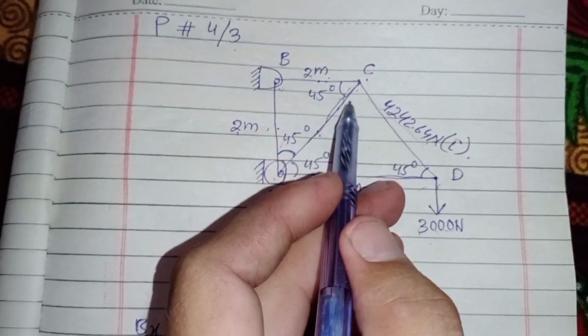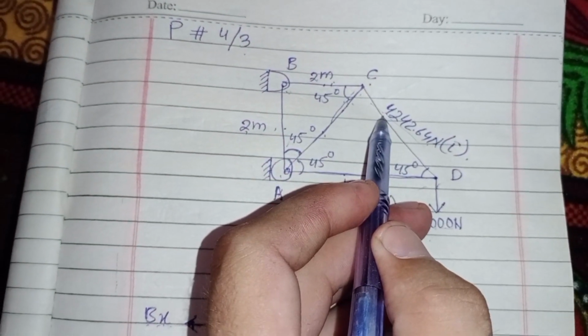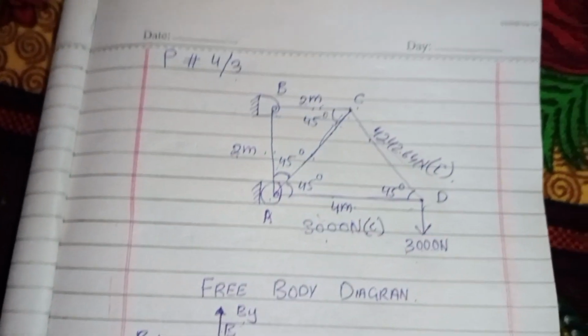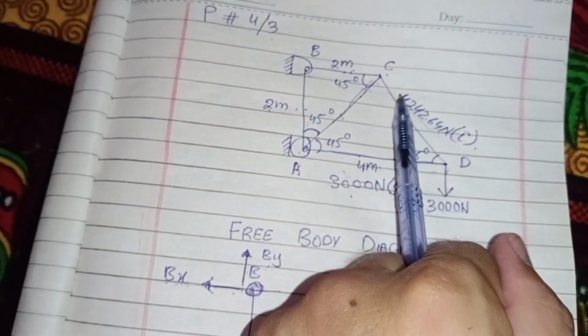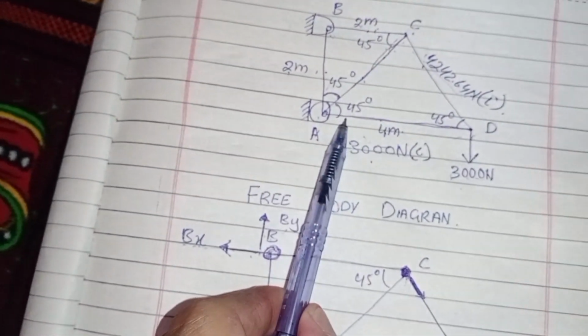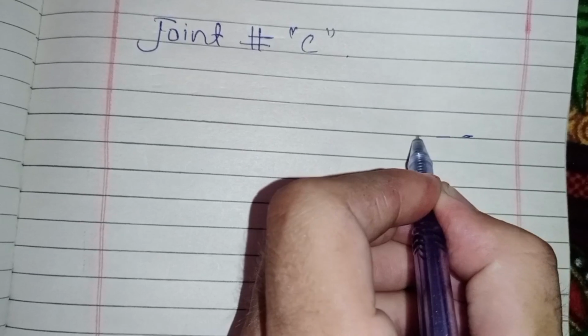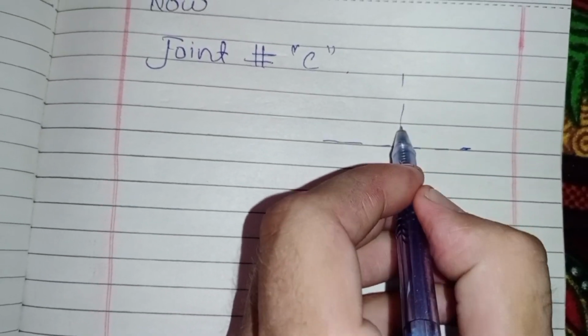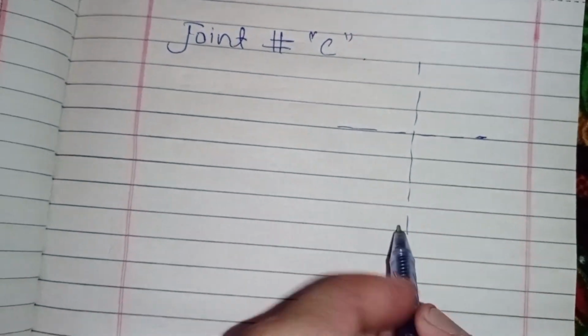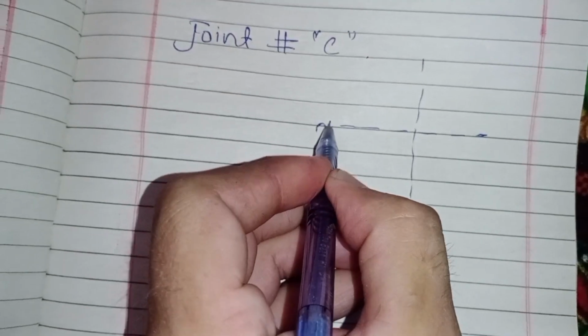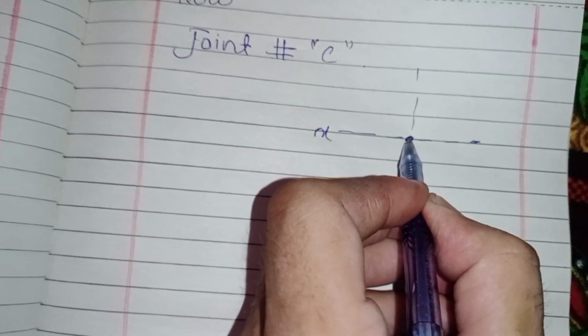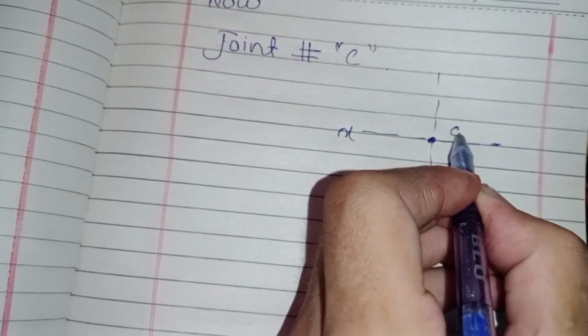At least two forces unknown, and minimum one force is known, so I will take this. You can also take joint A. So I draw this joint in the XY plane. This is Y and this is X. This is joint C.